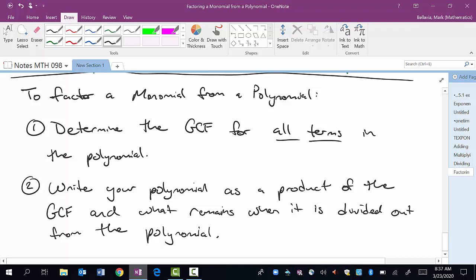So you take the GCF, you're going to factor it to the front, and then remember we wrote parentheses after it. Within those parentheses, you write what's left over when you divide the GCF from each term.